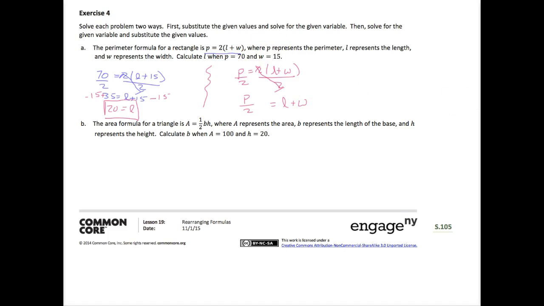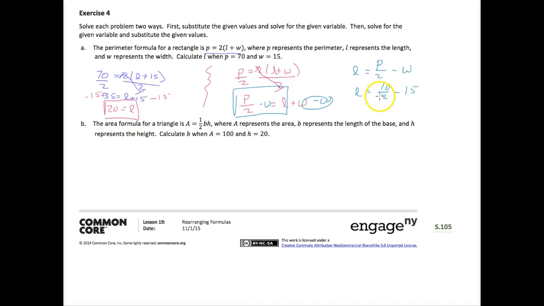I'm going for L, so I'm going to subtract W from both sides. Minus W, there's a 0 pair, and minus W. What I end up with is something simple. I'm going to flip it over because it'll make more sense in a minute. L is equal to P divided by 2 minus W. Okay, we still know that P is 70. 70 divided by 2 minus W is 15.